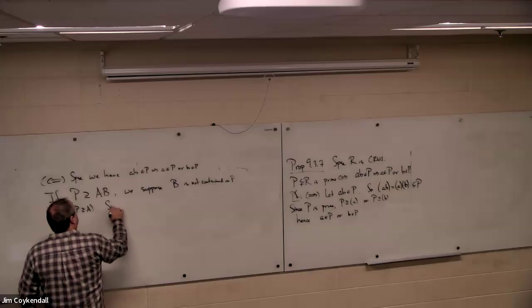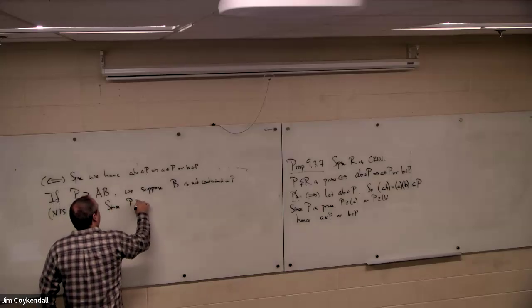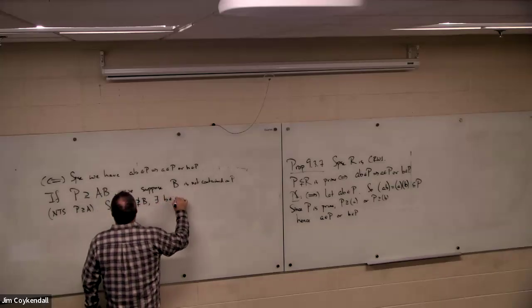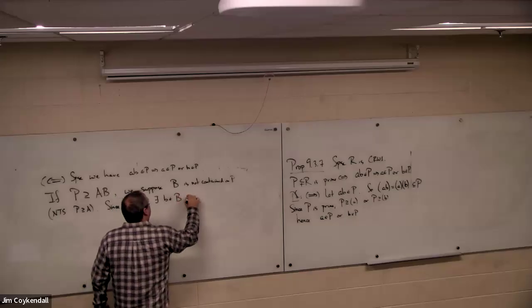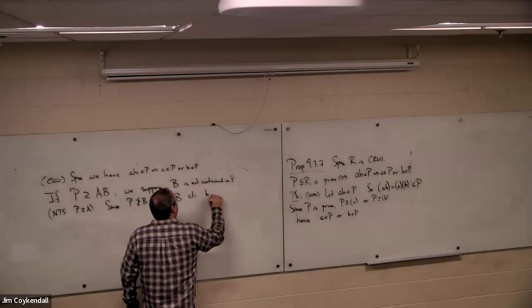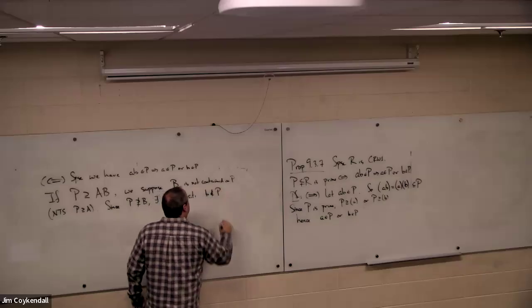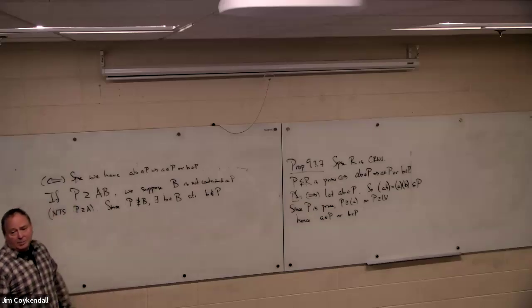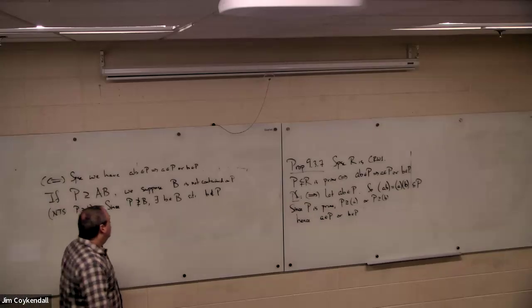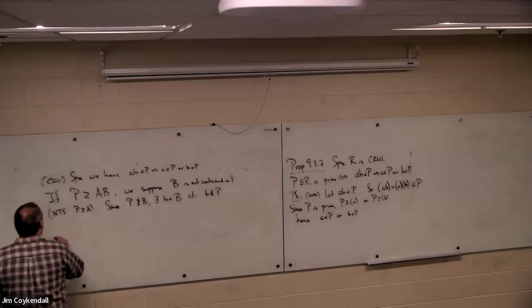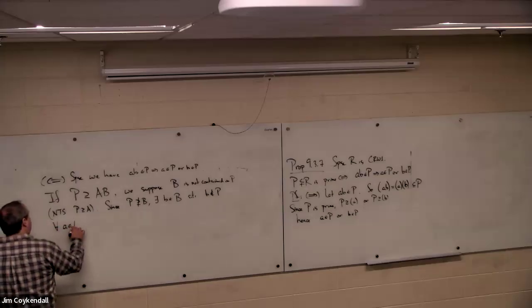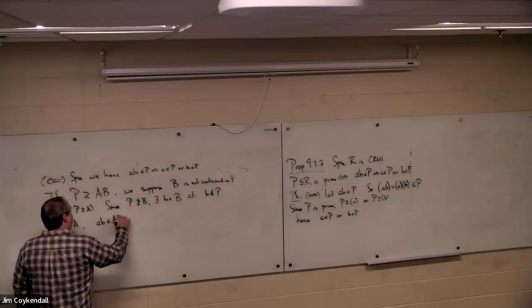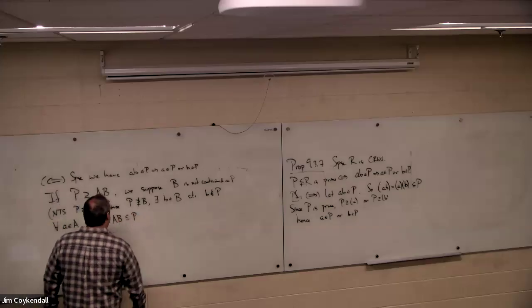Since P does not contain B, there exists little b in B such that b is not in P, right? So there has to be something in B that's not in P, otherwise P would contain B. Notice that for all a in A, a times little b is in AB, which is contained in P by assumption.